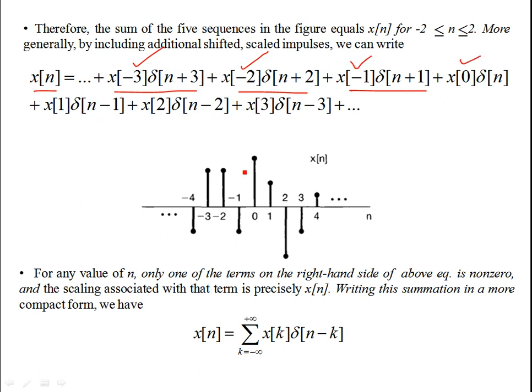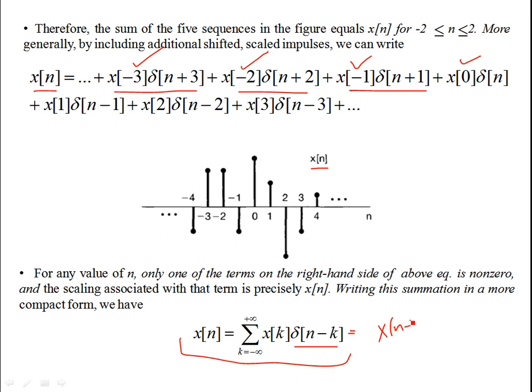So for any discrete time sequence, x of n can be decomposed in terms of the unit impulse sequences. If you expand this, there are terms like x of n minus 3.